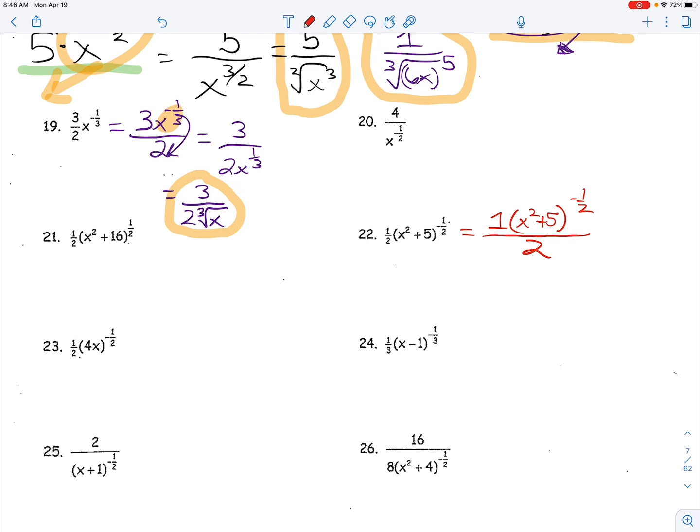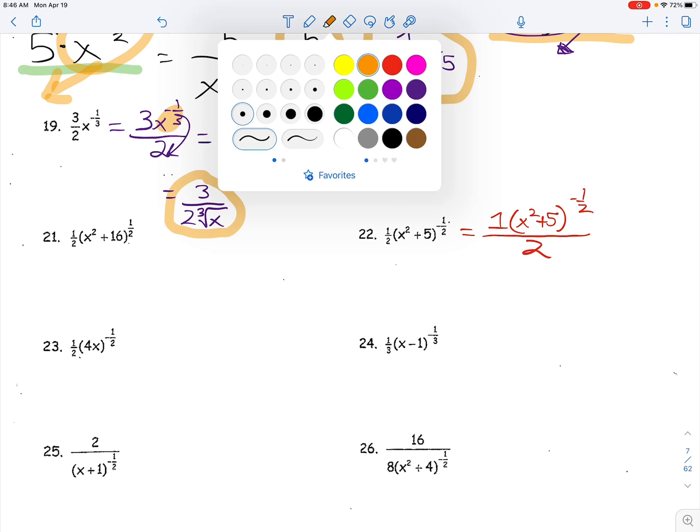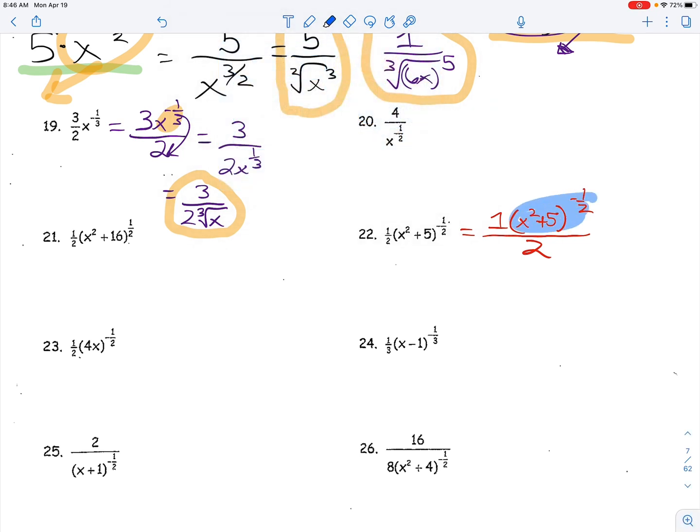Go ahead and do it if you don't want to rewrite it. So it's up to you. Let's move that right to the denominator, and that's going to be now 1 over 2 times x squared plus 5 to the 1/2 power, right?